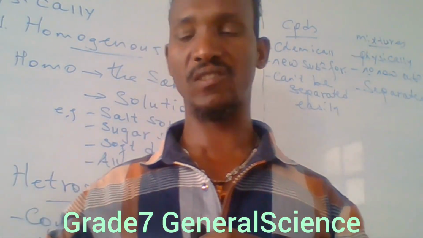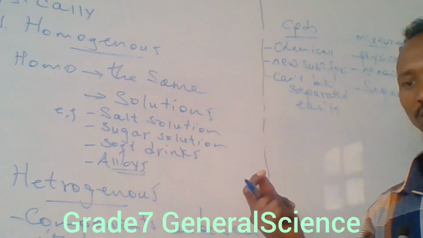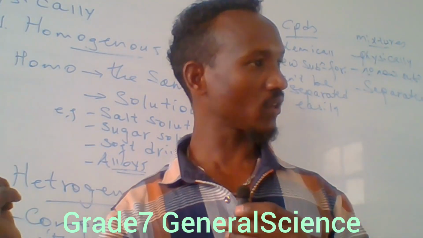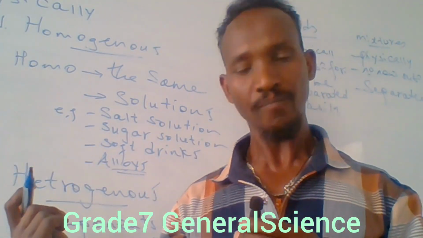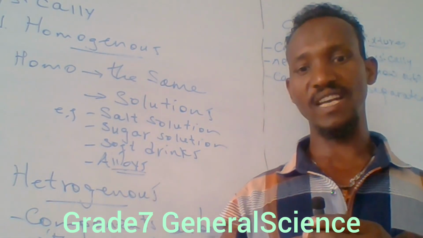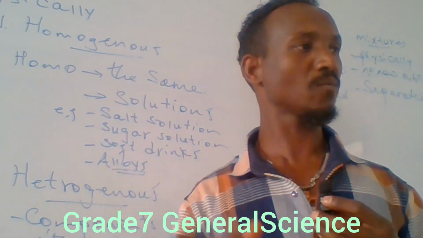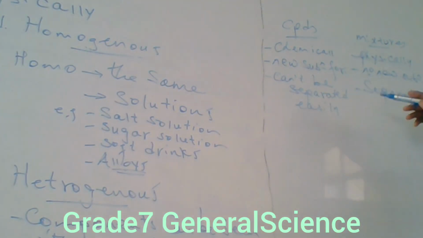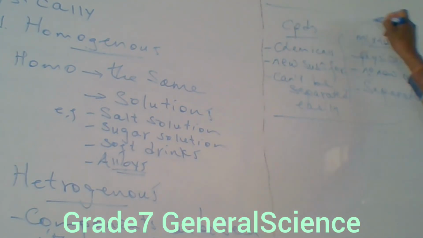For example, there is magnetic separation, distillation, evaporation, sedimentation, decantation, sieving, hand picking, and so on. These different mechanisms are used to separate mixtures into their useful components. So these are the most common differences between compounds and mixtures.